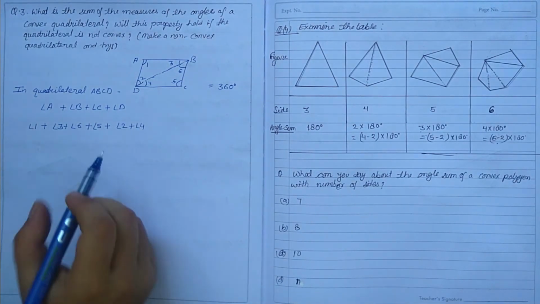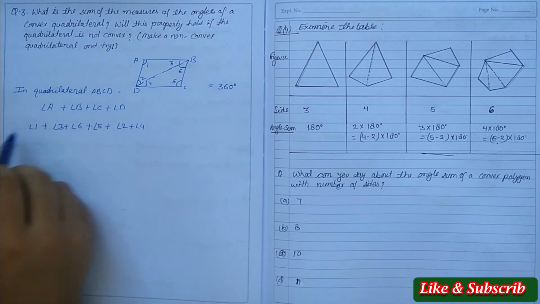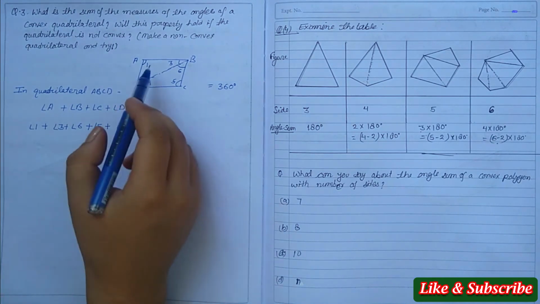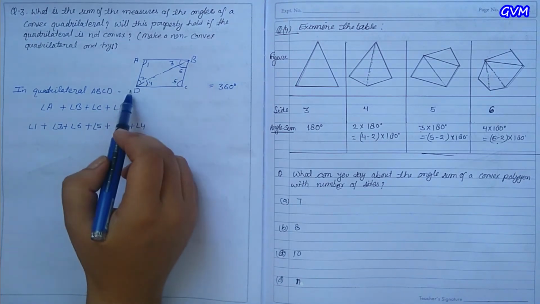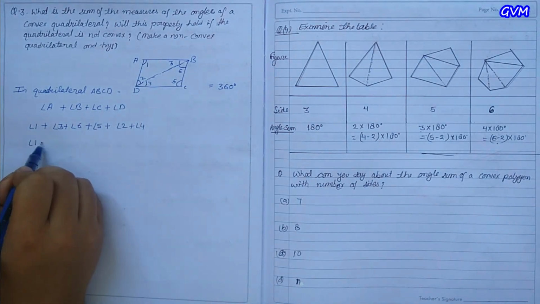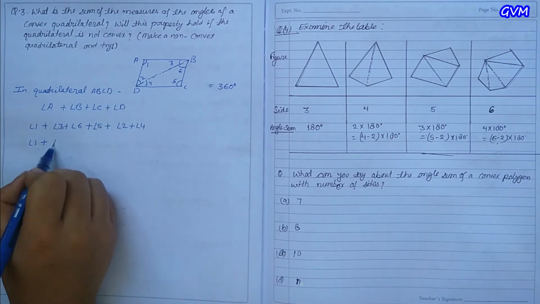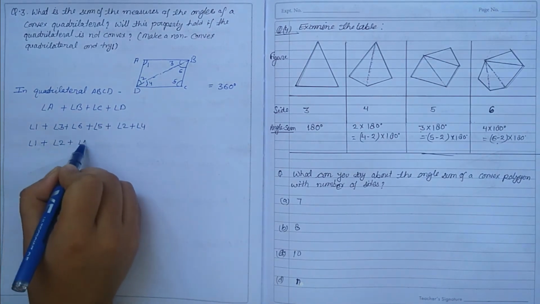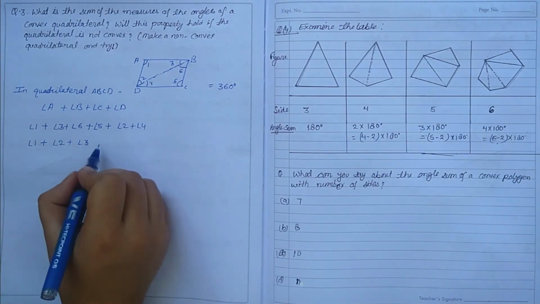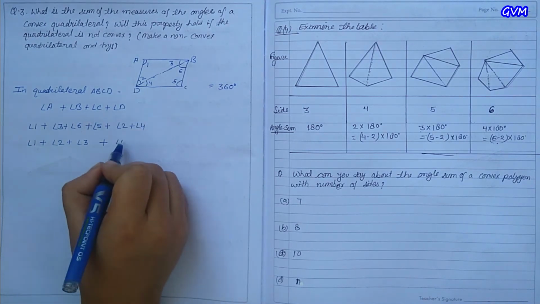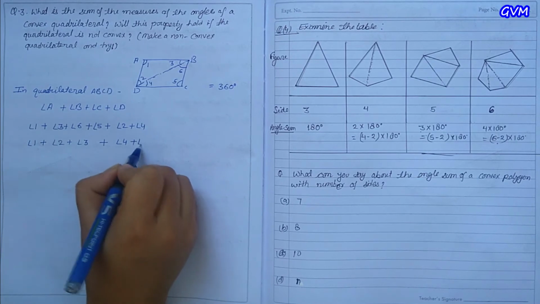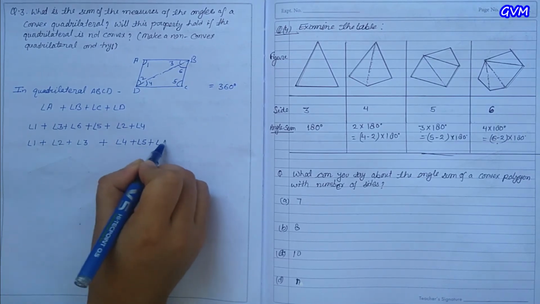Okay. Now let's arrange these angles according to the triangles. So for triangle ABD, we have angle 1 plus angle 2 plus angle 3. Okay, and in triangle BCD we have angle 4 plus angle 5 plus angle 6.